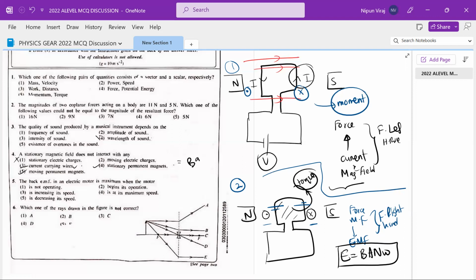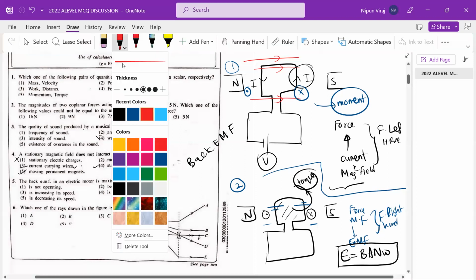But in this back EMF part, these two things, providing a current and rotating the motor is the first thing, and rotating the motor and inducing an EMF is the second thing. Both of these things happen at once. If you consider back EMF, both happen at once. So if you take a motor, when this starts rotating, a back EMF will also be induced here.